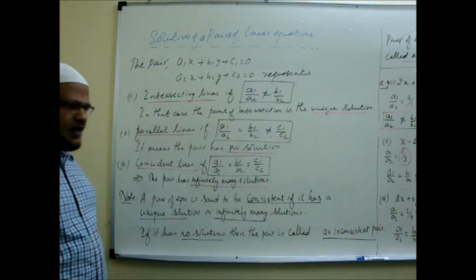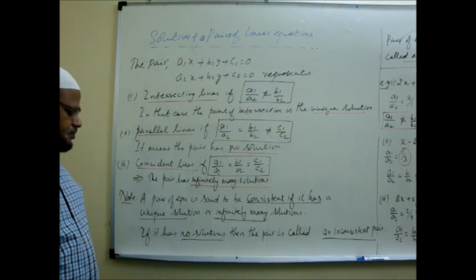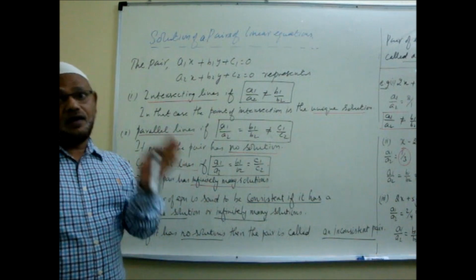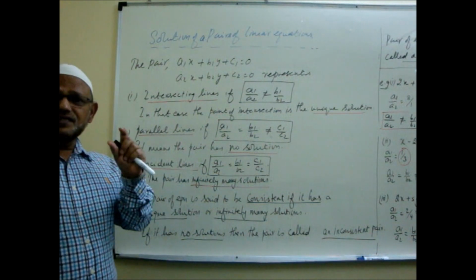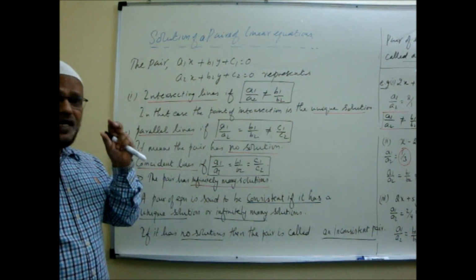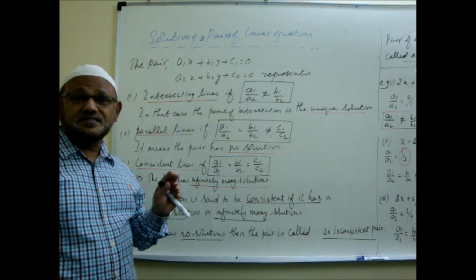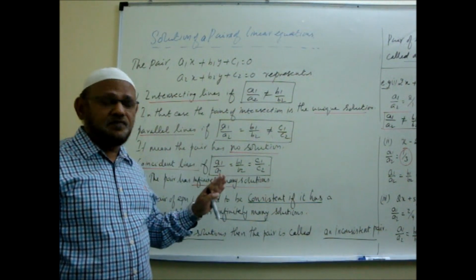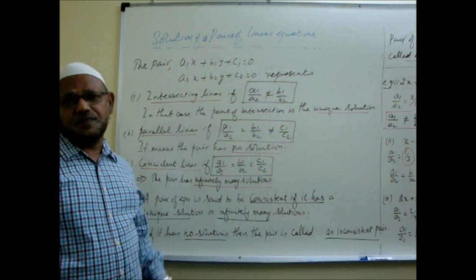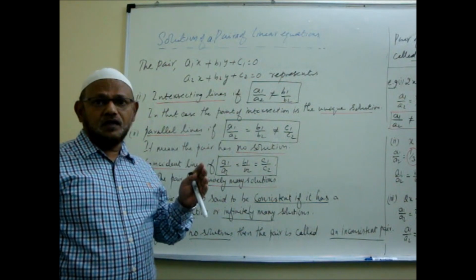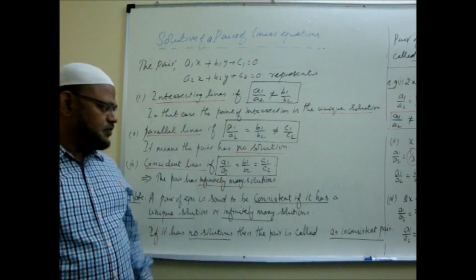All right. There's one more thing we have to learn. If a pair has some solution, one or many, then that pair is called a consistent pair of linear equations. Consistent, reliable pair. The system of equations is consistent if it has one or infinitely many solutions.